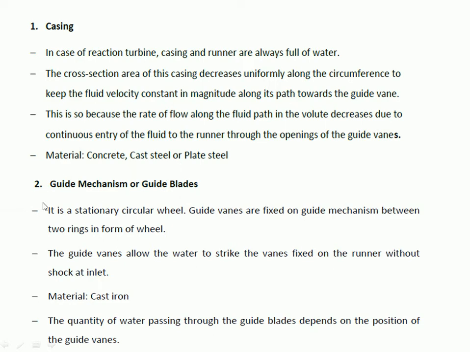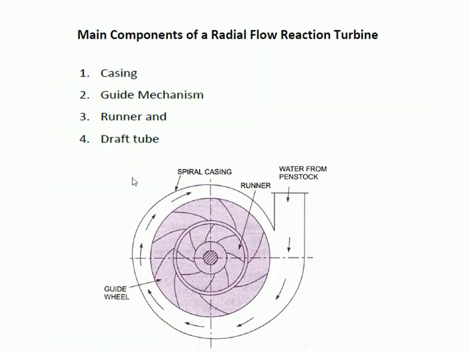Second component, guide mechanism or guide blades. It is a stationary circular wheel. Guide vanes are fixed on a guide mechanism between two rings in the form of a wheel. You can see this is the guide wheel on which vanes are mounted.